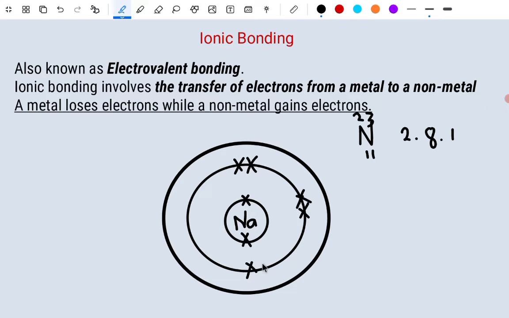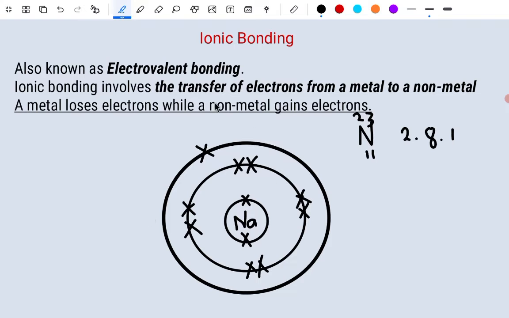That is 6, with 2 more remaining, which we put here. So we have the 8 electrons, and the last shell must only have 1 electron. This is how the electrons look in the element sodium.